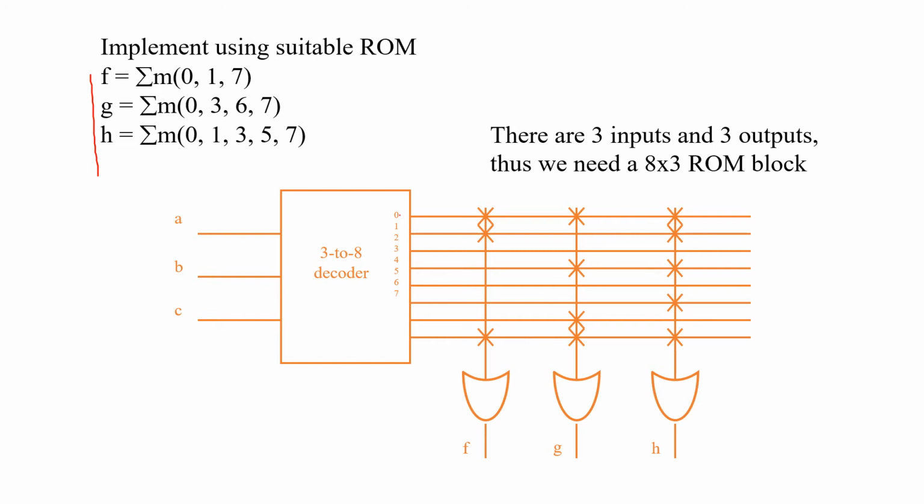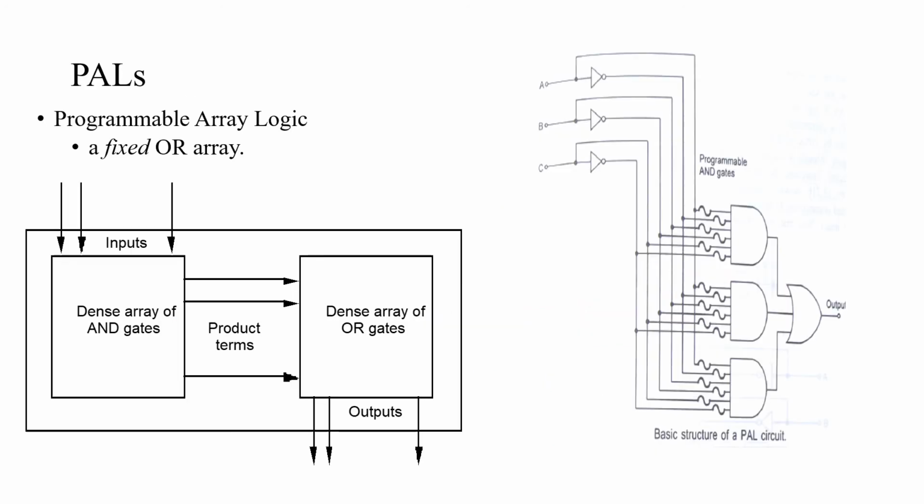So 0, 1, 2, 3, 4, 5, 6, and the last one is 7. So 0, 1, 7 are connected to F. Similarly, 0, 3, 6, 7 are connected to G, and 0, 1, 3, 5, 7 are connected to H. In this way, we can implement this logic function by using an 8 by 3 ROM.